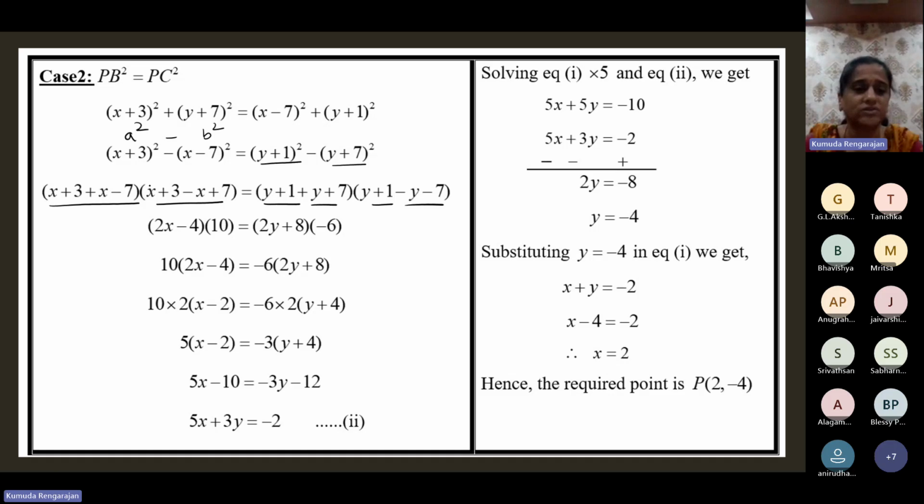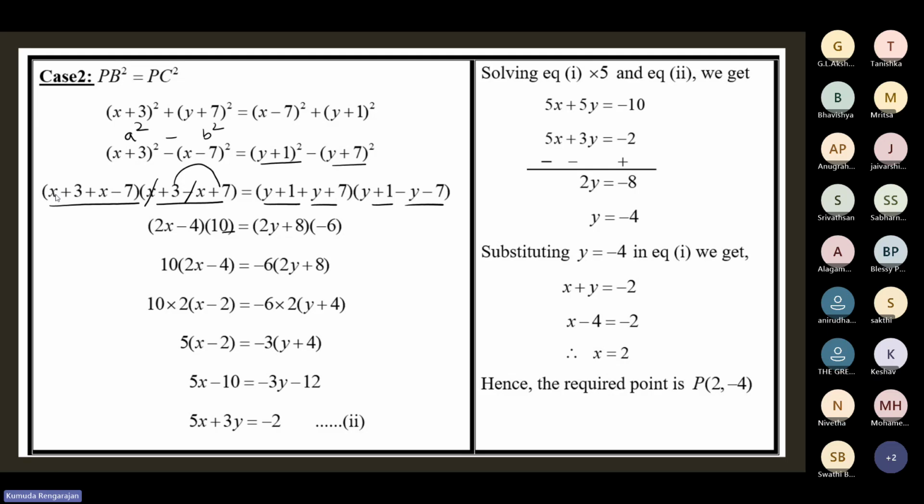Now simplify. You can see x minus x gets cancelled, so 3 plus 7 is 10. And here x plus x is 2x and 3 minus 7 is minus 4. Just simplify like that. And this is the second equation. Solve the two equations to find the values of x and y.